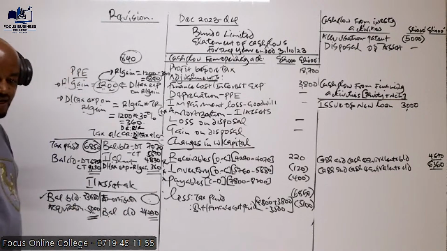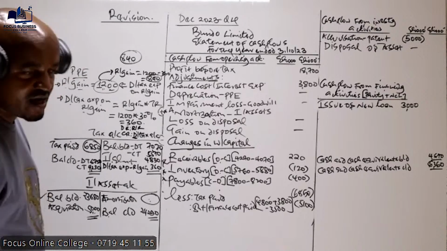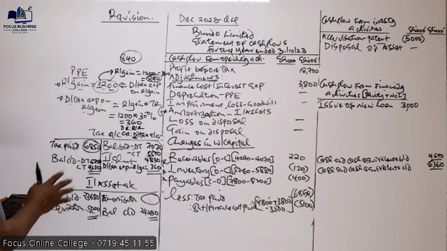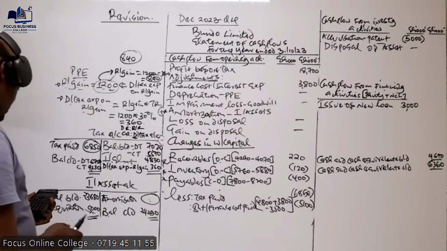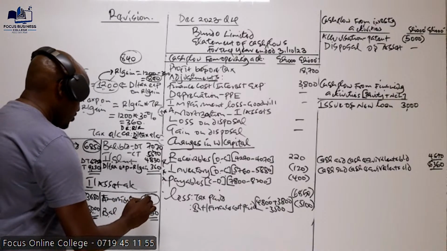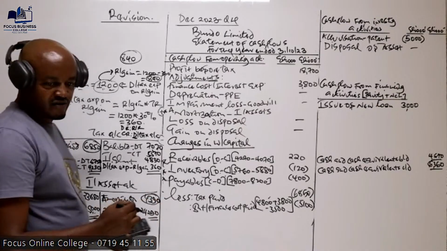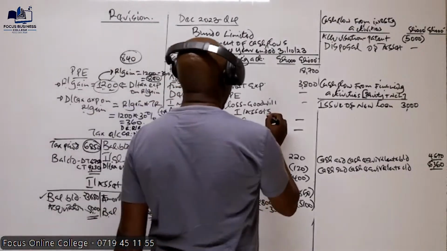So what is missing is the amortization, and you do the same working as in the other question we have done. So 23,680 plus 5,000 minus 24,290. This will give us amortization of 4,390. That is the amortization here.